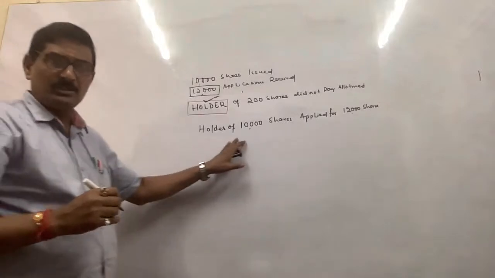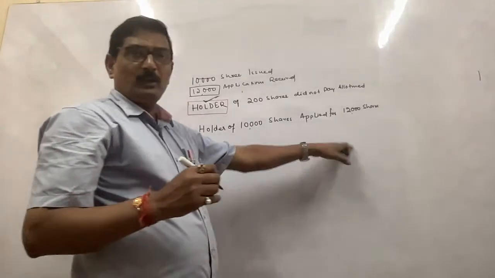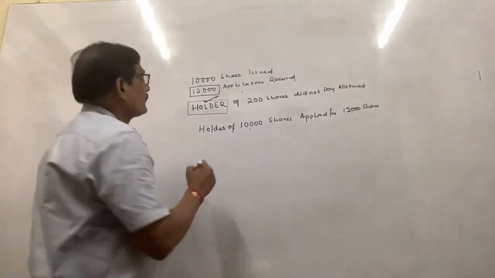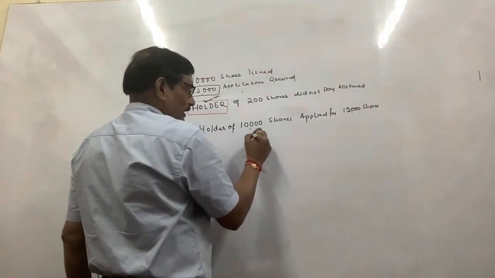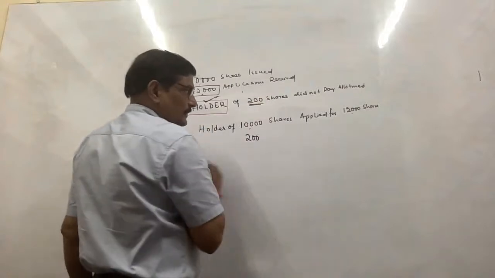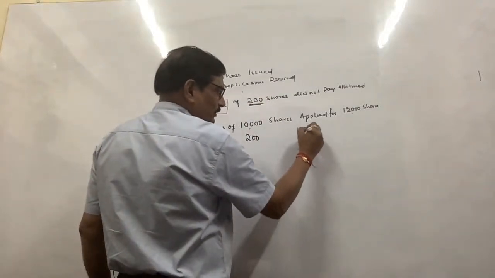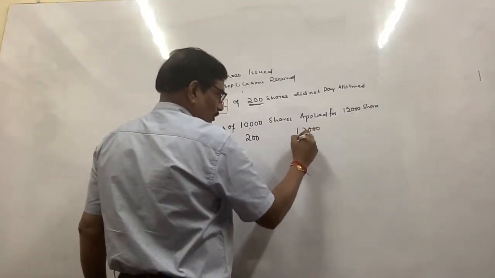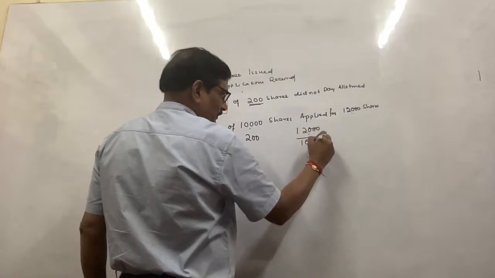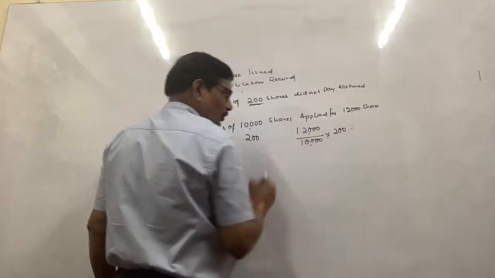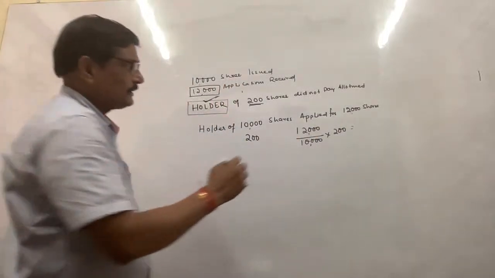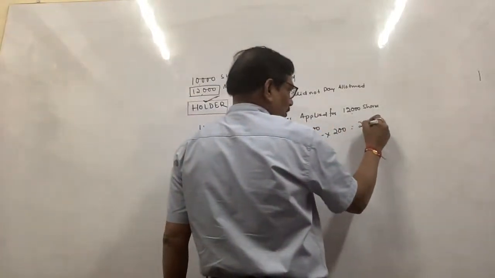Holder of 10,000 shares applied for 12,000 shares. So holder of 200 shares must have applied for 12,000 by 10,000 into 200, that is 240 shares.